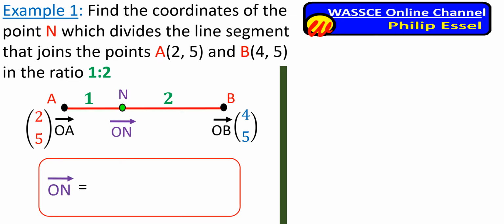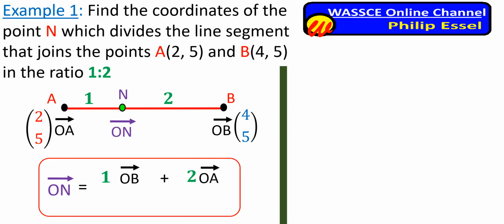So the position vector ON will be equal to, we'll take the first ratio, which is 1, multiplied by the vector OB, which is the vector on the right side of the ratio. Now write your addition sign. Then you write your second ratio, which is 2.